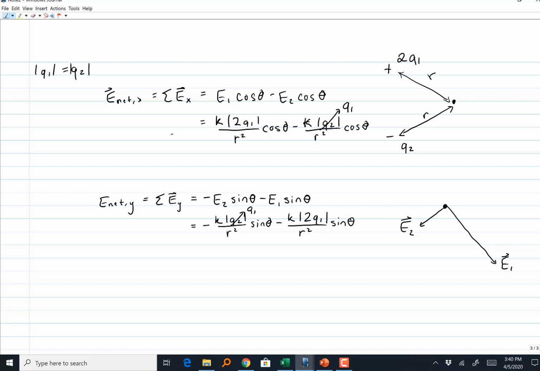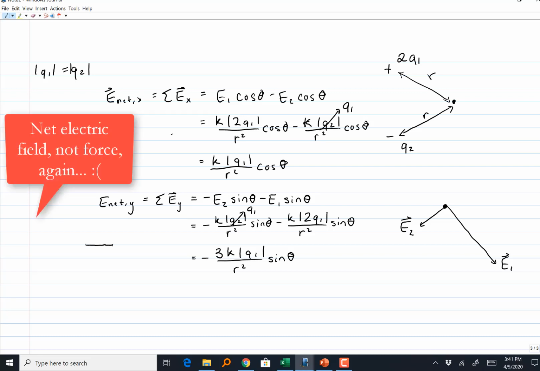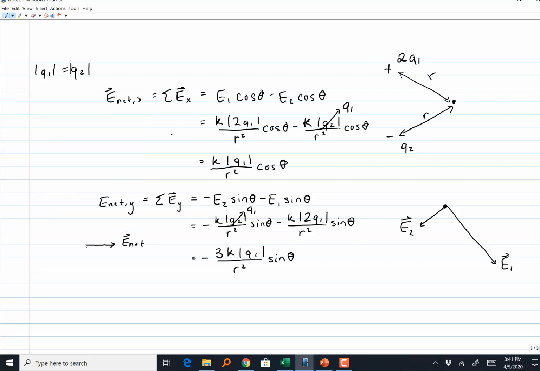And so then this is going to allow me to simplify both of these. All right, so I've got a bit in the positive x direction and a lot in the negative y direction. So my net electric field is going to have a little bit in the x direction and a lot in the y direction.